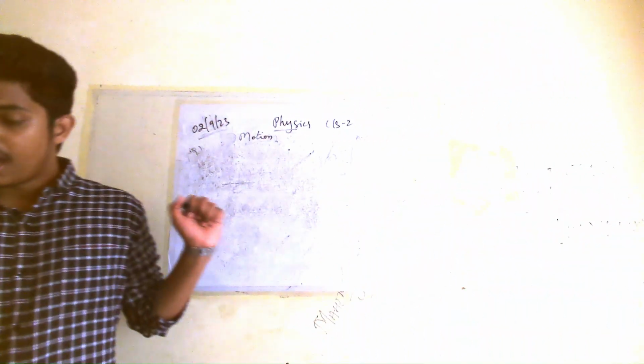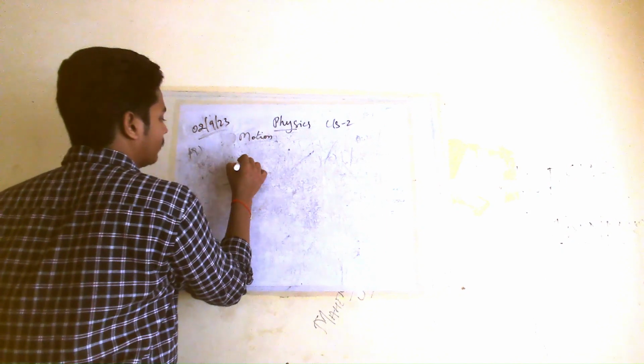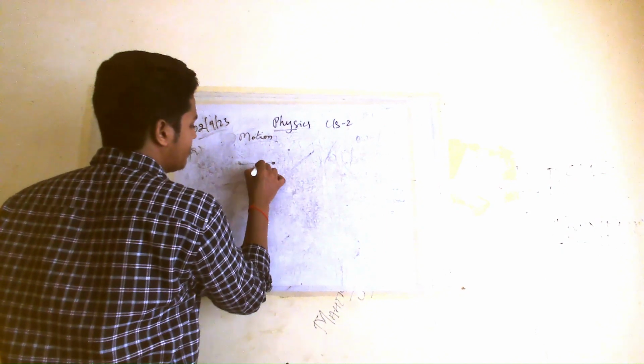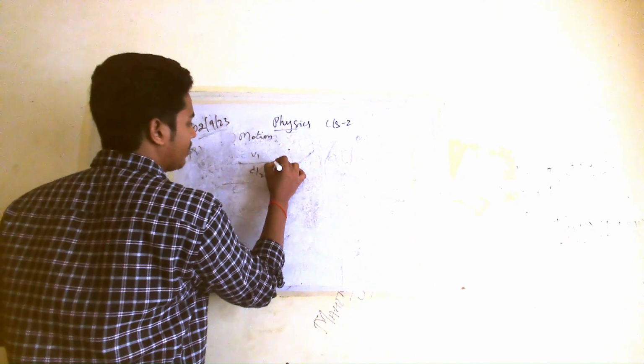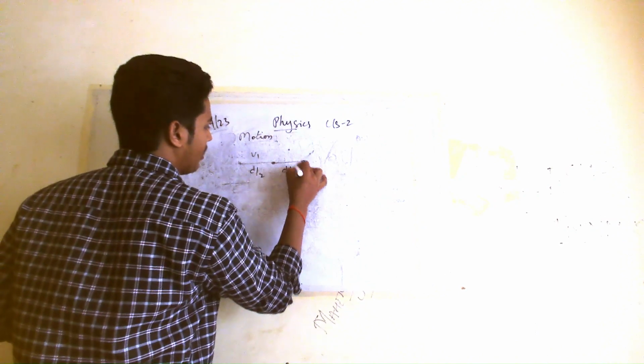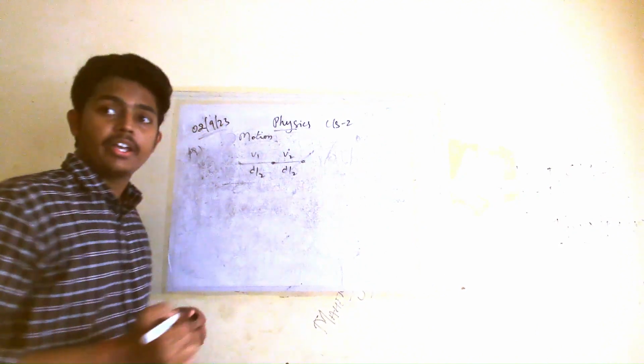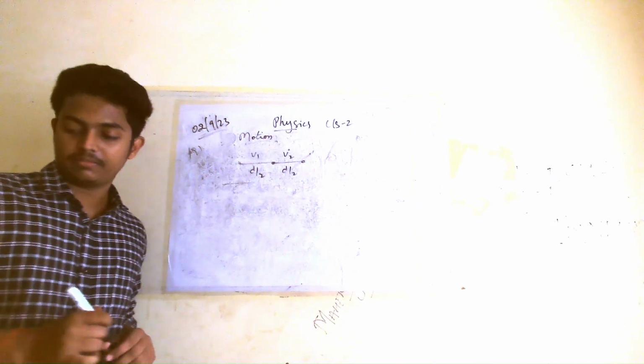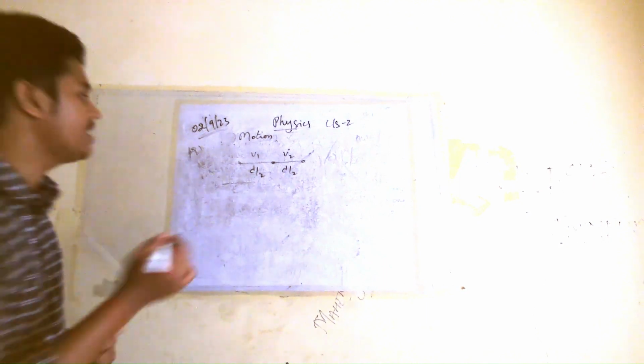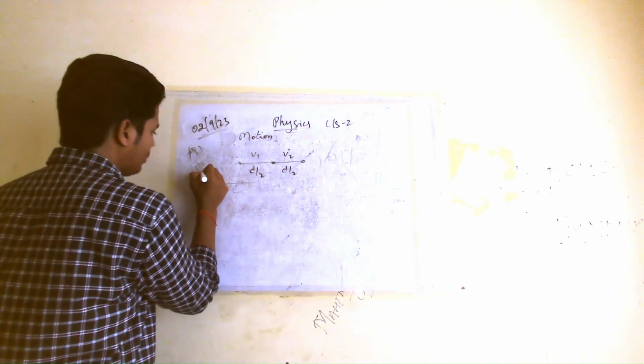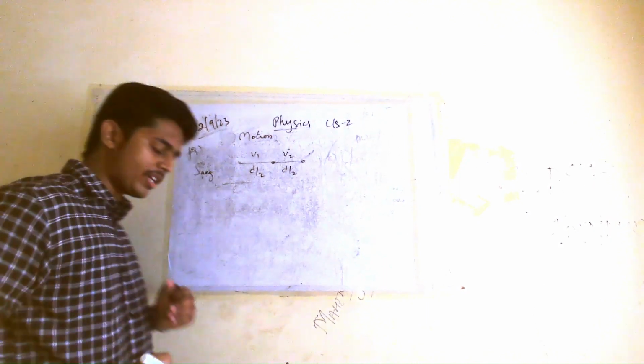Now, in question 4, it's traveling distance d by 2 with a velocity of v1 and traveling distance d by 2 with a velocity of v2. Now we have to find the average speed. Yes, it's average speed only. Again, it's related to the first problem only.